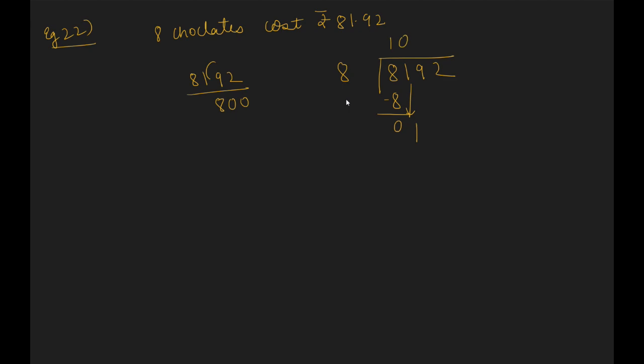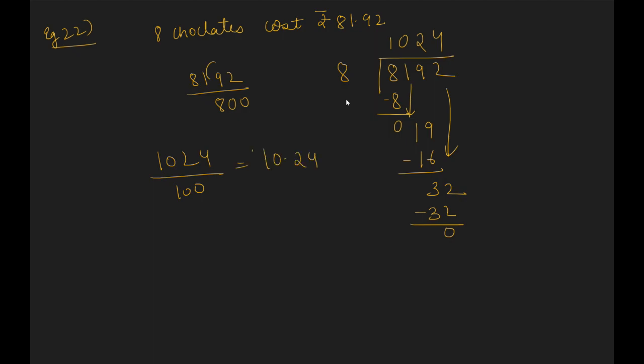Now we get 19. 8 2s are 16. 3, 2 comes down. 8 4s are 32. So 1024. Okay, and this was 100. So 1024 now divided by 100. So this will be 10.24 rupees. So one chocolate costs 10 rupees 24 paisa.